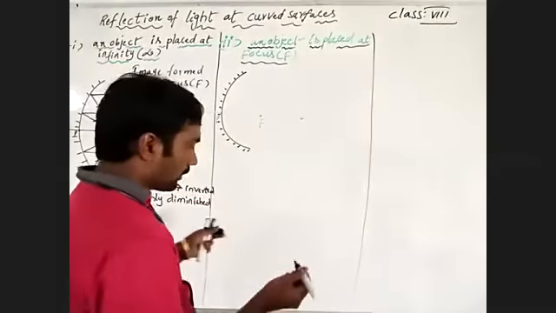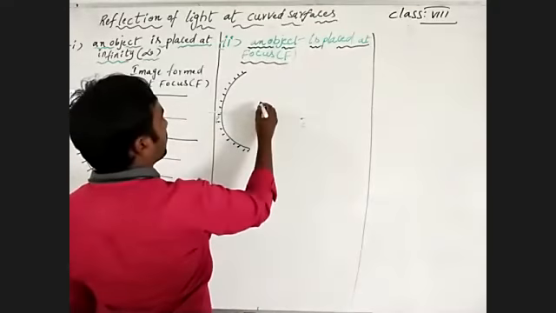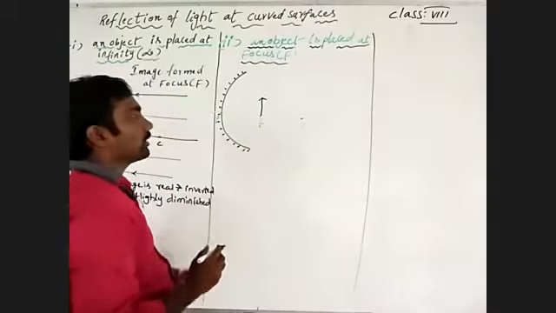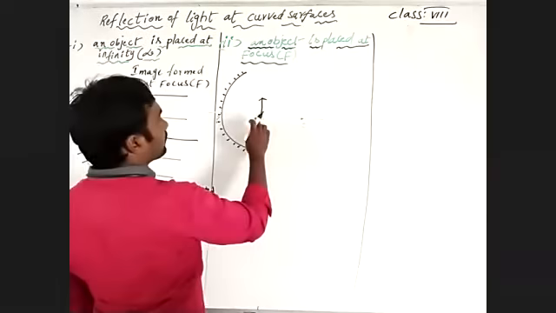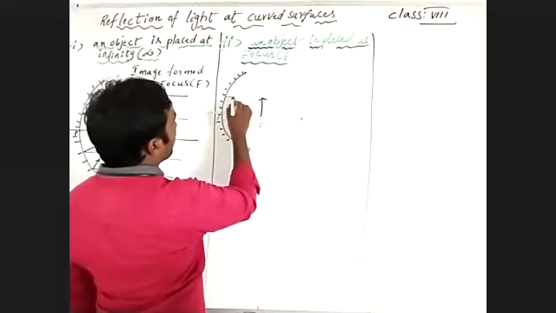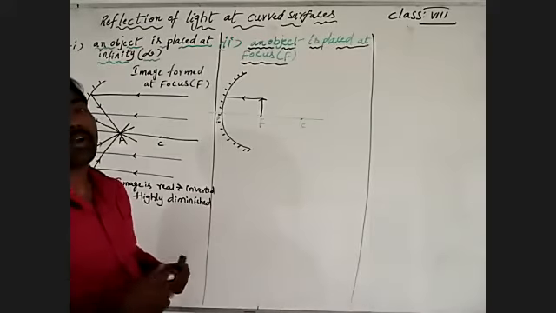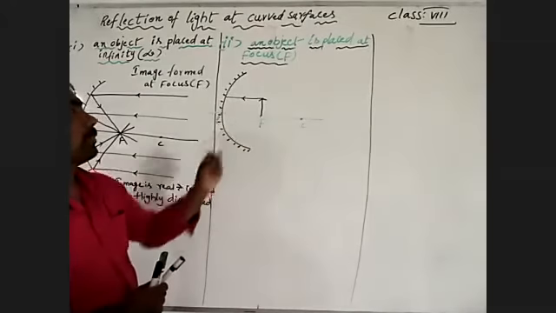Understand? Coming to that, I am placing an object at the focus. What arrow mark I am showing is the object. The object is placed at the focus. One light ray comes from the tip of the object, parallel to the principal axis.